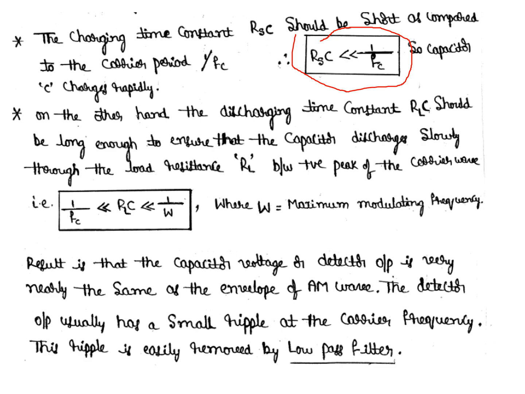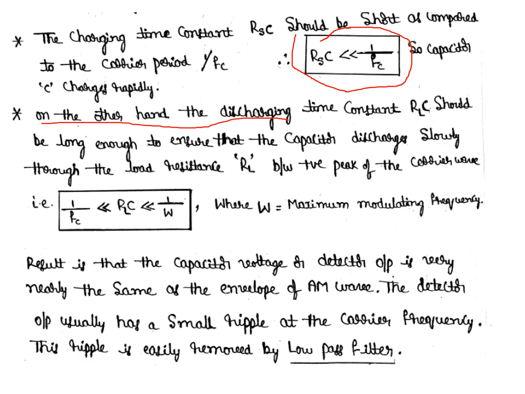We take the period of the carrier signal, not the period of the message signal, so that the capacitor charges rapidly and acquires the peak voltages very fast.